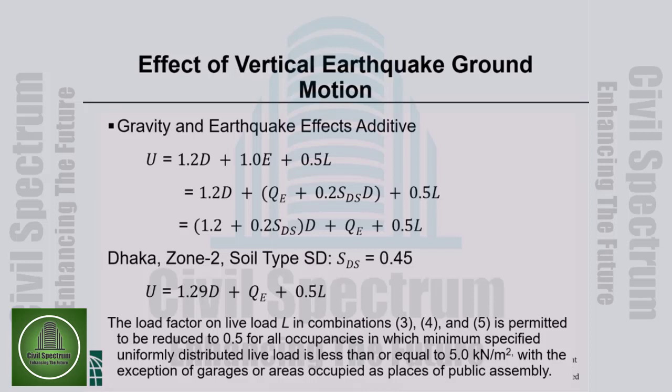So additive load combination, we write E is equal to Q sub E plus 0.2 S sub ds times D. And then if we collect terms, we get 1.2 plus 0.2 S sub ds, all multiplying D, plus Q sub E, plus 0.5 L. In Dhaka, for soil type SD, which is very common, particularly in the north, S sub ds given in Appendix C is 0.45. 0.45 times 0.2 is 0.09.